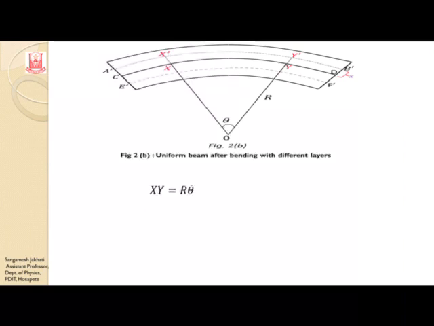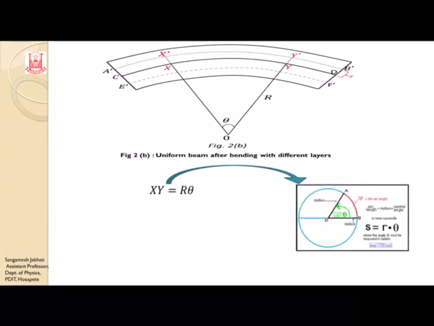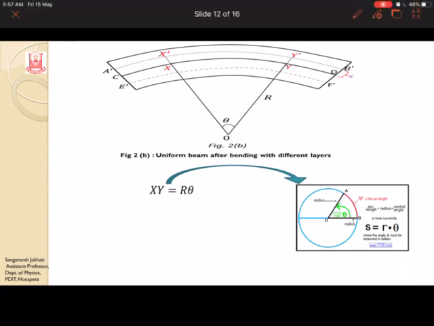So now from this figure, the layer length xy can be written as r theta. How are we writing this? xy is equal to r theta. You might have learned in your lower classes about the arc and radius of a sector. There is an arc length AB here at the below right hand corner of the diagram.